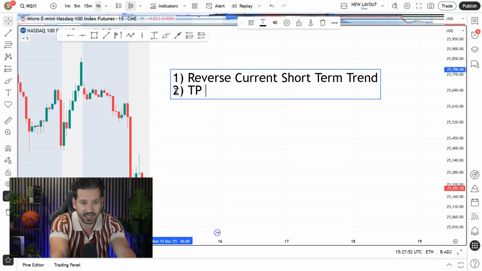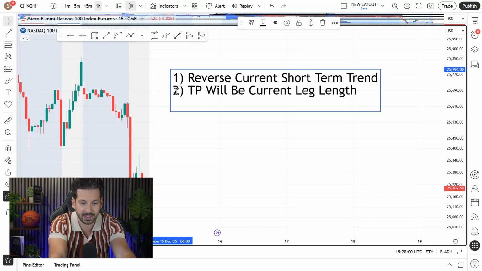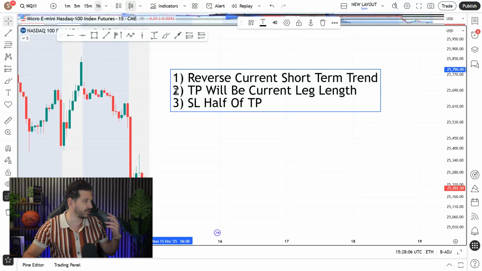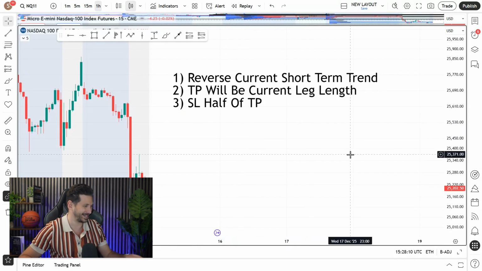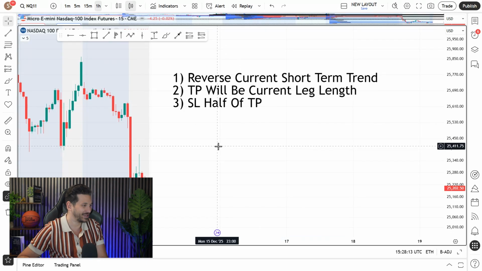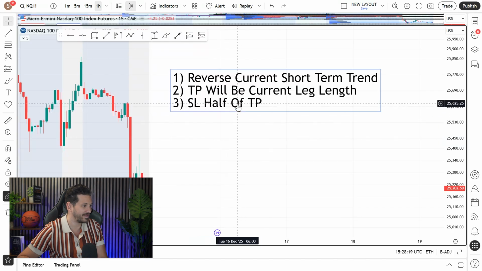So TP will be current leg length, and stop loss will be half of TP. Really simple. So those are the rules. Okay, really simple strategy. We'll see, it's probably going to be 50-50, I can imagine. But no, actually, it'll be worse than 50-50 success rate, because we still have a stop loss of half.